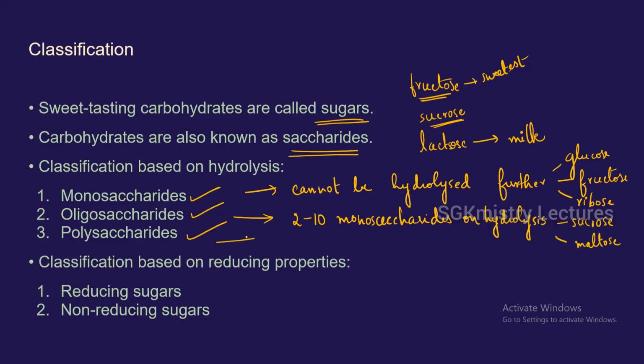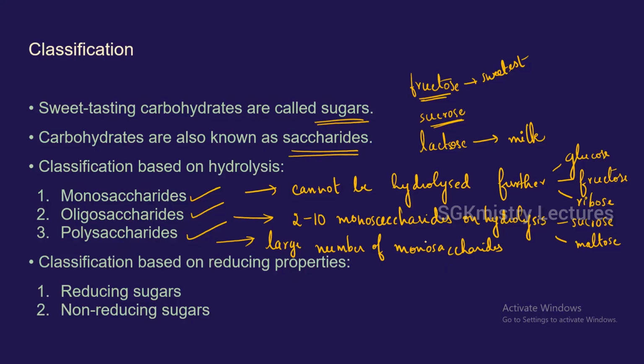Next, polysaccharides. As the name indicates, these are the compounds which on hydrolysis yield a large number of monosaccharides. Usually it will be like 100 or 200, 300, and it can be more than that also.